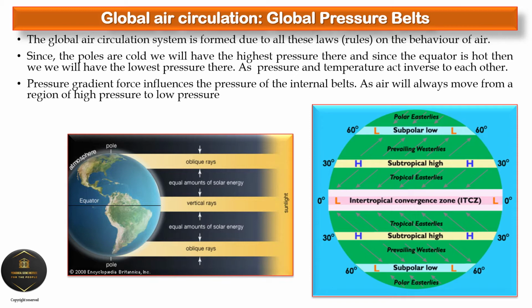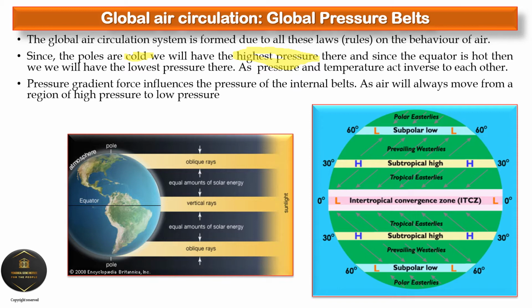And you must remember that since at the poles it's cold, we always have the highest pressure there, because remember that when temperatures are low, what happens to the pressure? Remember the relationship between temperature and pressure, they will always be opposite to each other.